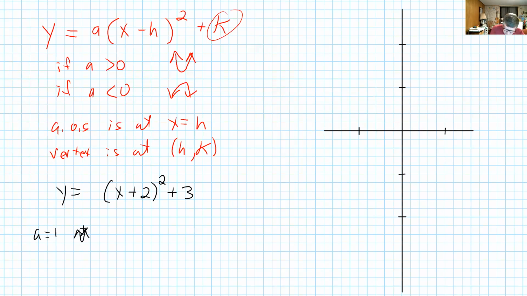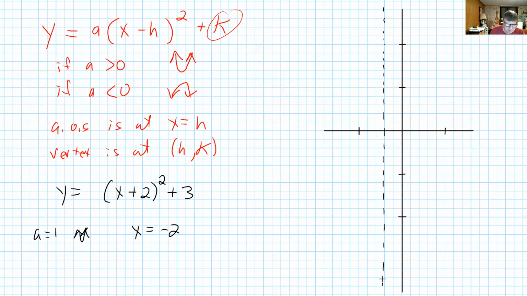The axis of symmetry would be at x equals the inverse of what's inside, so x equals -2. When we're graphing freehand, we graph the axis of symmetry as a dotted vertical line. It's not part of the graph, but it helps us establish where the symmetry of the graph is. Also, it gives us the x value of the vertex.